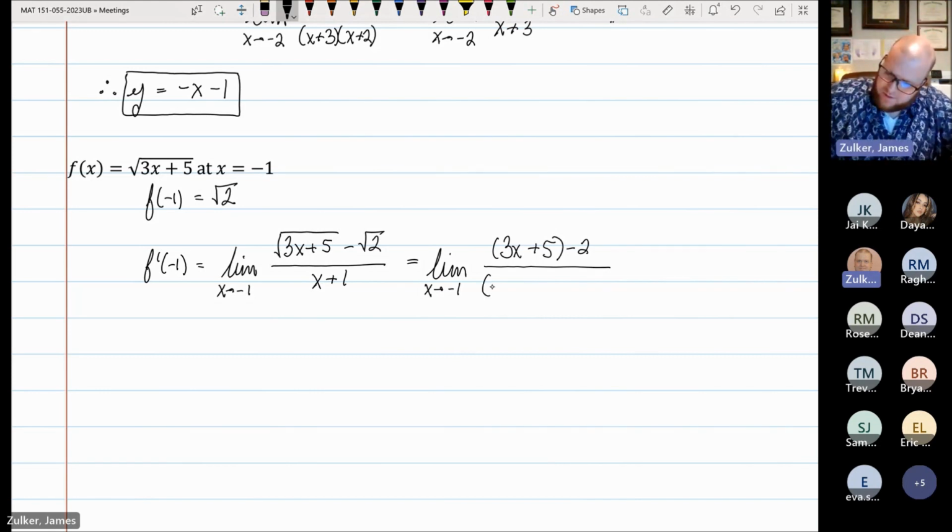Denominator, gonna look ugly. X plus 1 times square root of 3x plus 5 plus square root of 2.